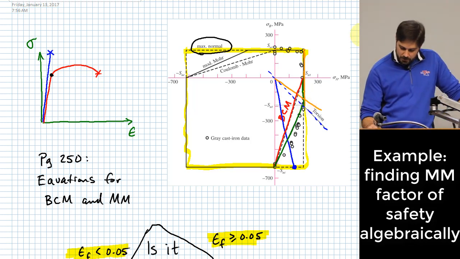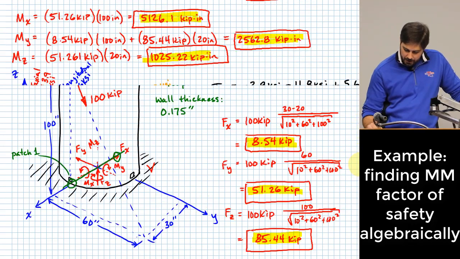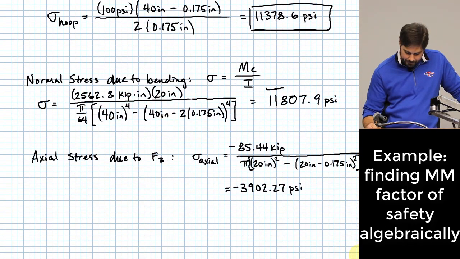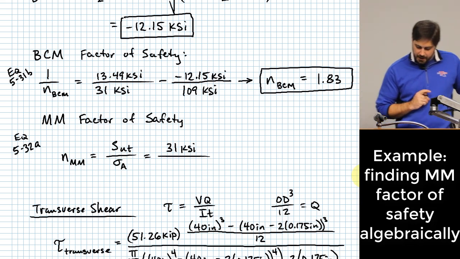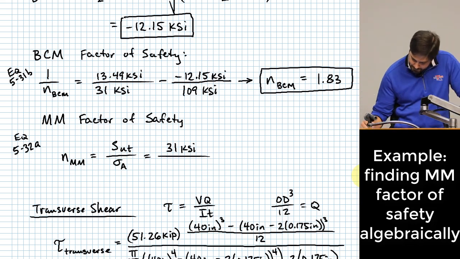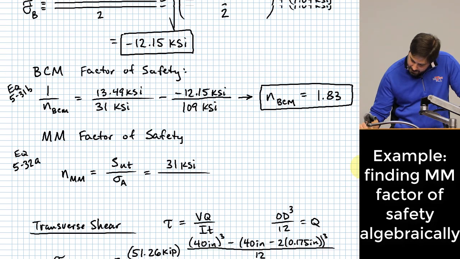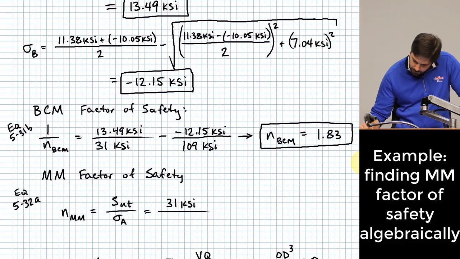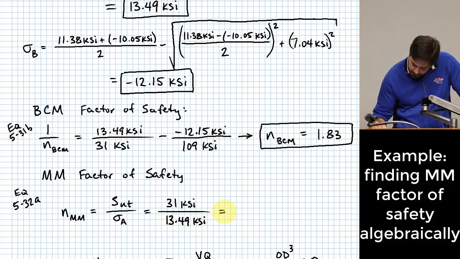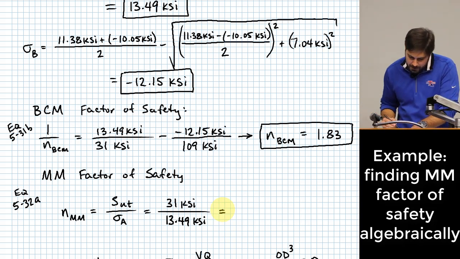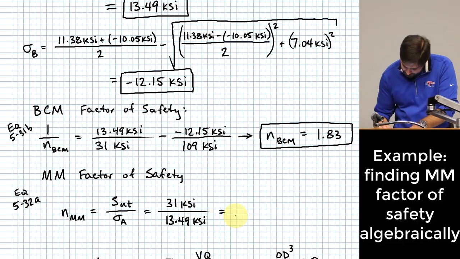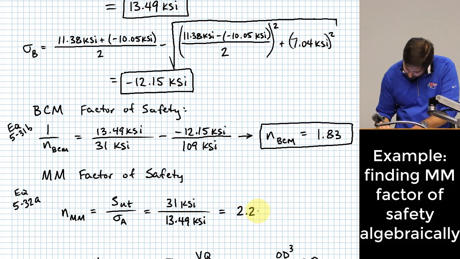So that's why the equation we're using does not include sigma B. All right, so sigma A is 13.49 ksi, and so my factor of safety for modified Mohr ends up being 2.29.